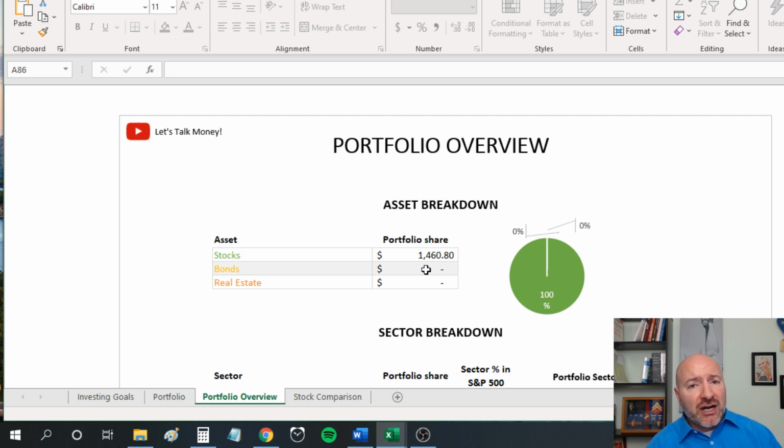Cheap Vanguard bond funds give you your whole bond exposure in one fund. Really easy to buy. For real estate, buy a few of the REITs. We've covered those on the channel before. And then that VNQ, the Vanguard REIT Index Fund, the ETF, gives you all your REITs in one fund. Really easy to buy. Really easy way to diversify away from stocks here.